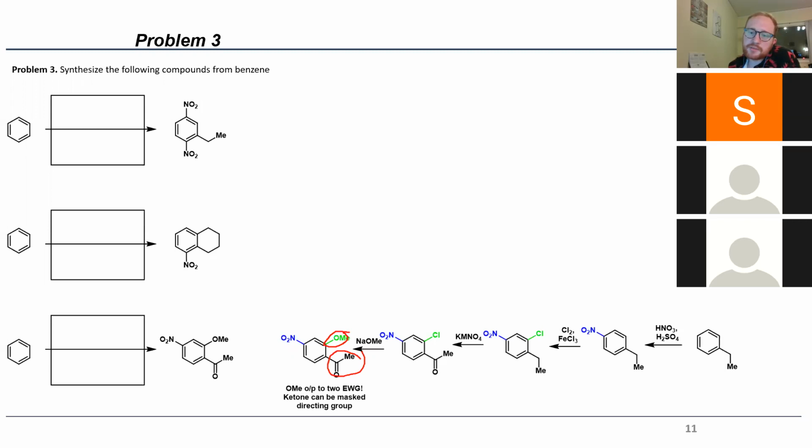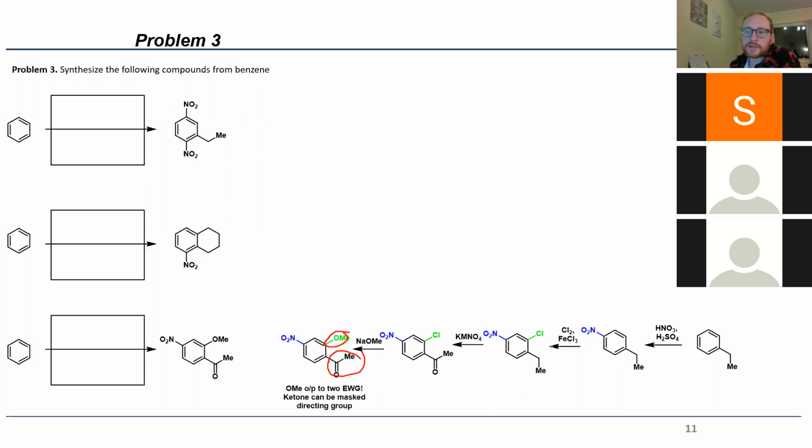Yeah, so if all the groups are activating, it's very difficult to only add one chloride. But in our case here, we have an activating group and a deactivating group. And chlorine itself is slightly deactivating. And so for things that are slightly deactivating or deactivating, it's quite simple to add just one, because as you add it, the ring gets less reactive. And because it gets less reactive, you can stop it easier, right? The rate of the second one is slower than the rate of the first one.